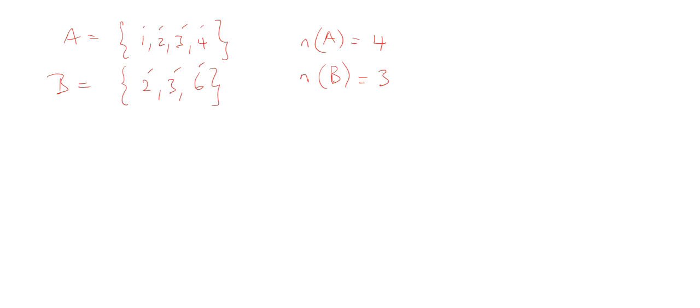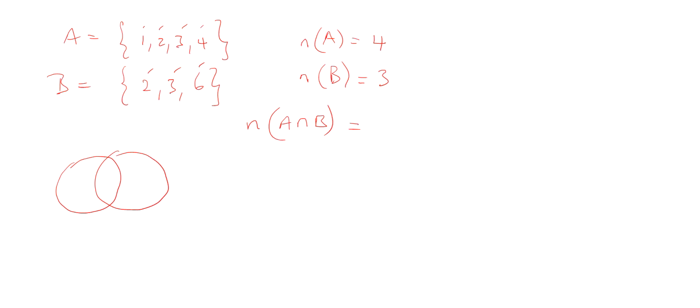Now, if we are asked to find the number of elements in A intersect B, right? Now, first thing we need to understand what A intersect B means, right? Now, if I were to draw it, you might be able to visualize it easier.